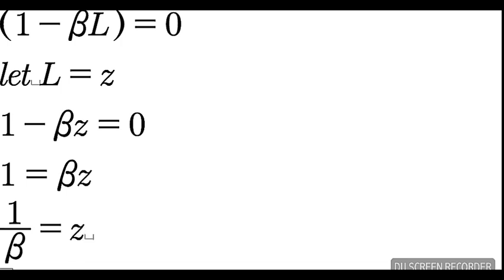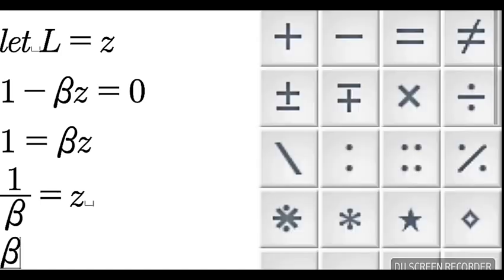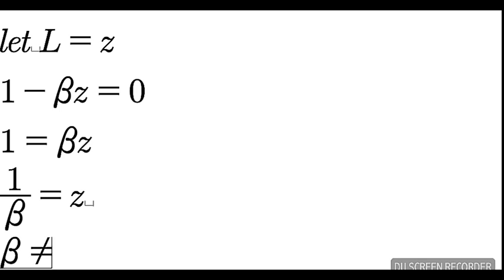Like we said earlier, beta must surely be different from 0, so that we have a defined function.